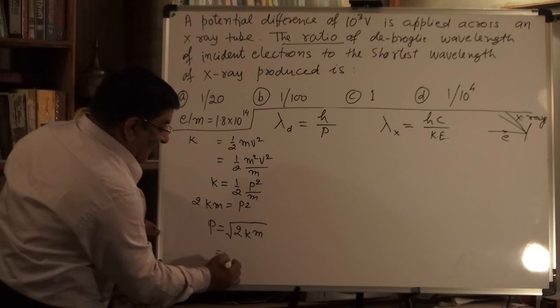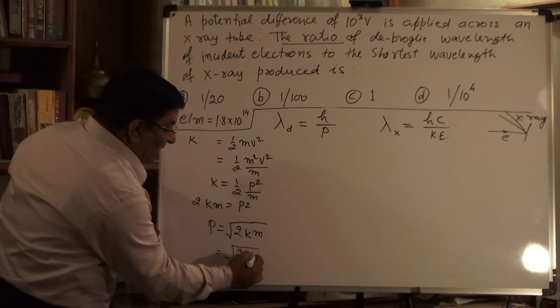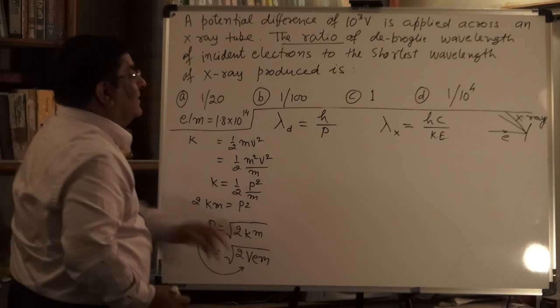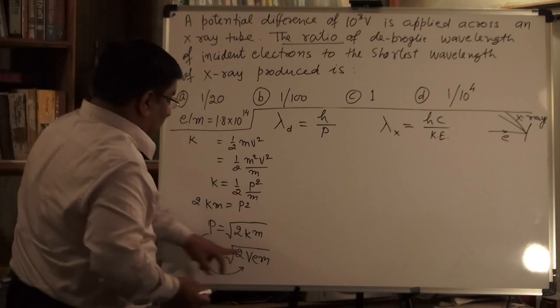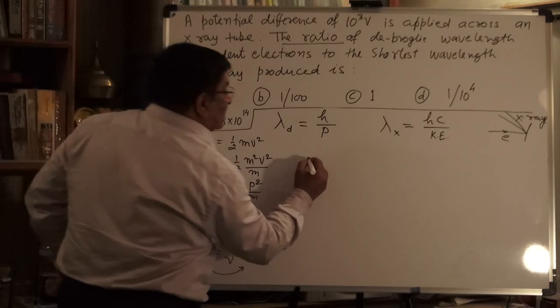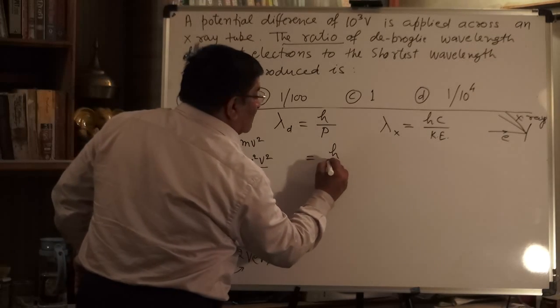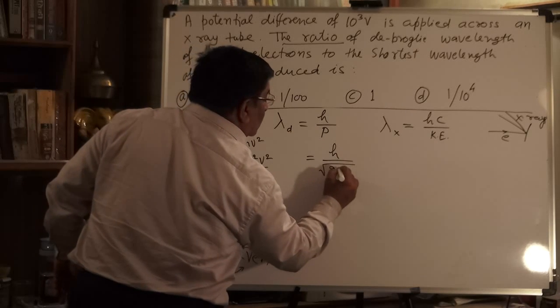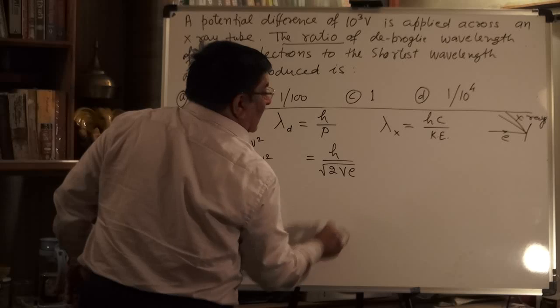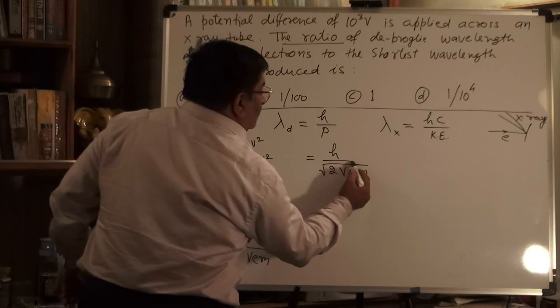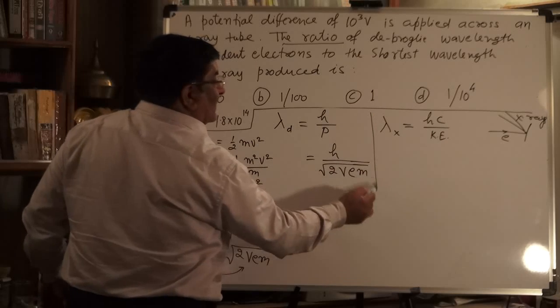So we can write p as root 2 V e m. This p we put here because V value we know, e value we know. So this is equal to h upon root 2 voltage, electronic charge, mass. Okay, let us stop here.